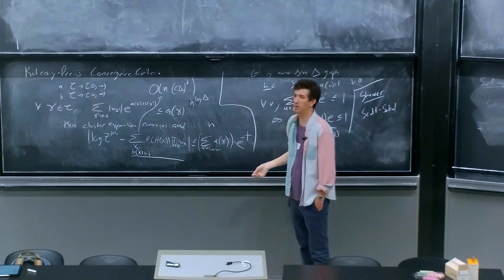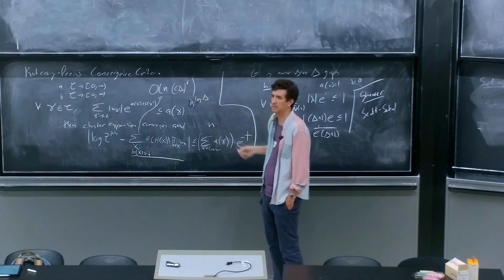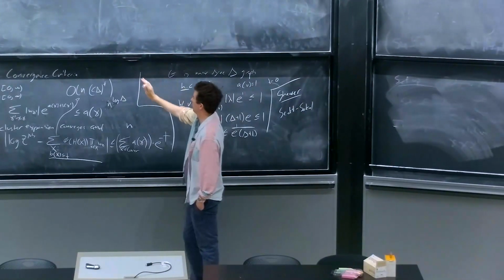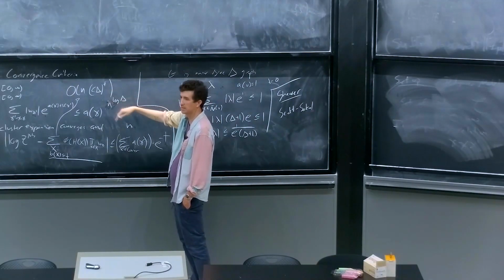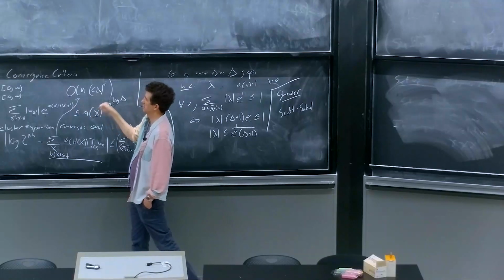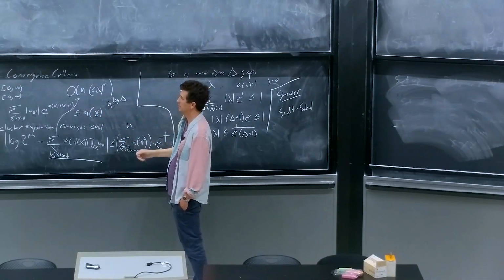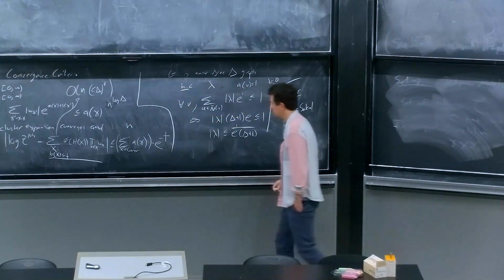So it's polynomial but with a bad exponent. But if you think of delta as constant, that's what it is. Barvinok's method has this, and then Patel and Regts showed how to compute the coefficients in Barvinok's method efficiently. They didn't know this about the cluster expansion, but it's exactly the same fact.